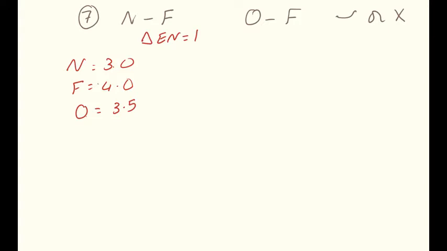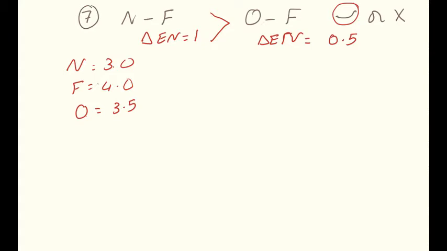Here, the difference for O and F equals 4 minus 3.5, which equals half. So, is NF more polar than OF? Yes, true. If you are asked to explain, you will say it is because the difference in electronegativity in NF is higher than in OF.